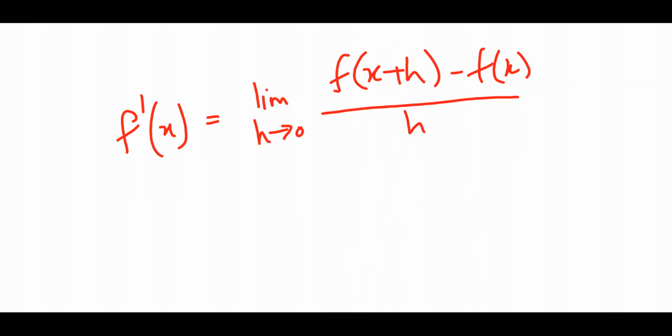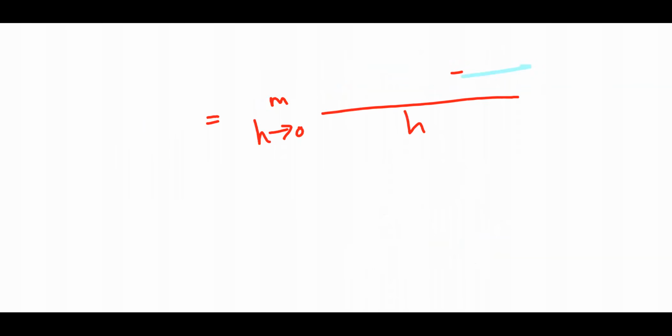Now let's use this formula. First of all, let's figure out what is f of x plus h, and then we're just going to substitute into this formula. Okay, so the function was given to us on top. I just need to go back and check what it was.